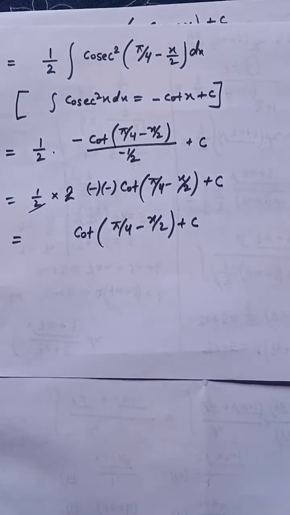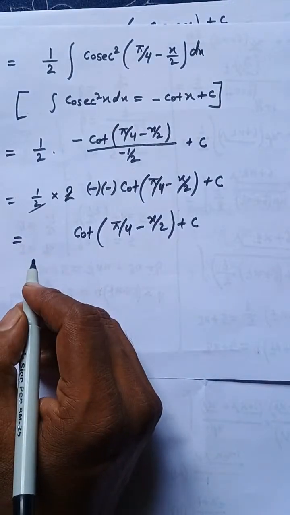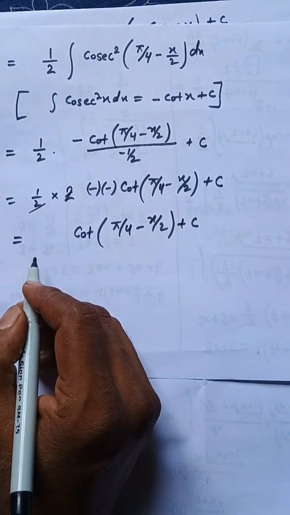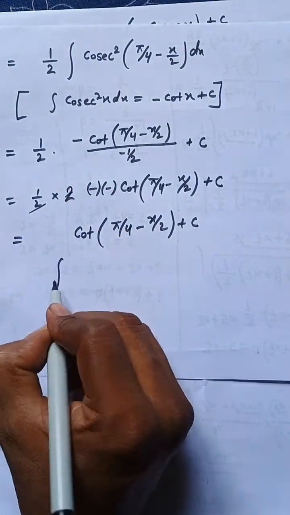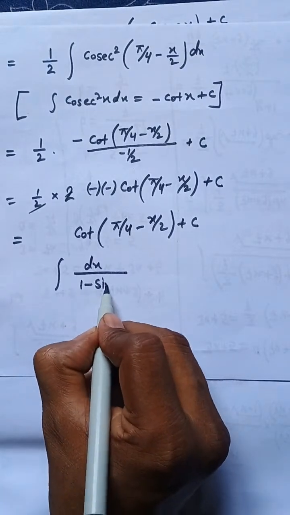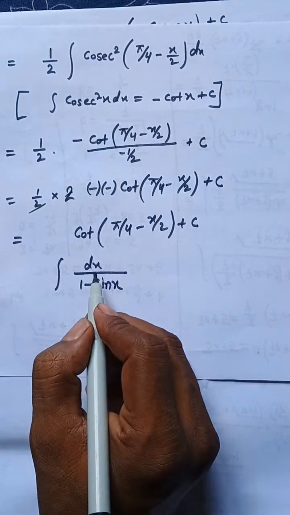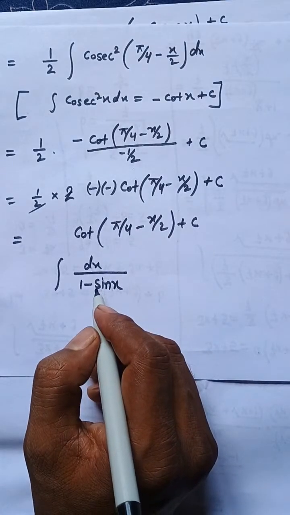You are going to learn transformation, the integration by transformation. So this problem, integration dx upon 1 minus sine x, can be solved also by multiplying numerator and denominator by 1 plus sine x.